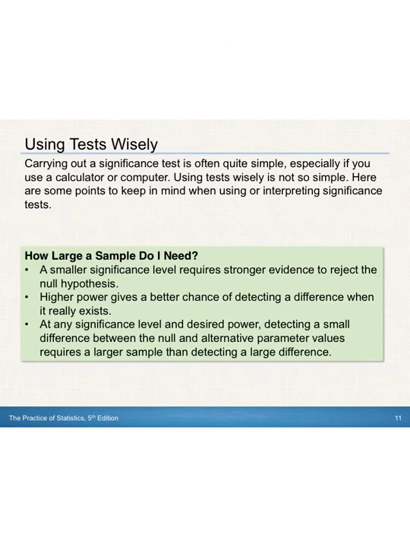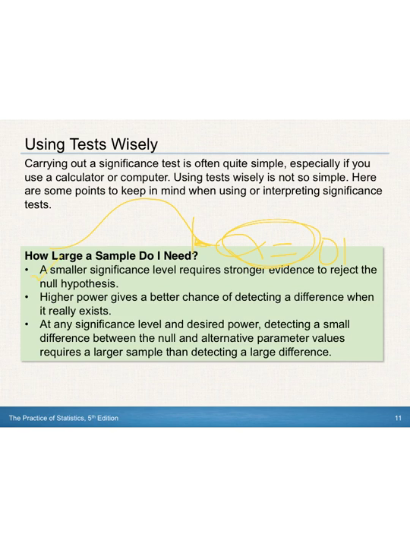So carrying out a significance test is pretty simple, but using tests wisely is not so simple. And some points to keep in mind. Remember that a smaller alpha requires stronger evidence. So a smaller alpha of 0.01 is going to talk about a tiny part of that tail that could possibly happen by chance. And so if your values are over here, that's stronger evidence of a difference between the null and the alternative value.